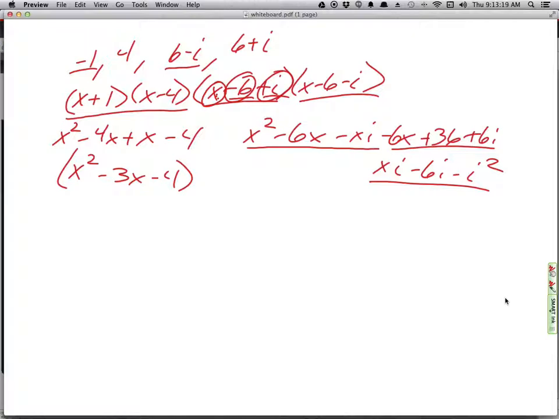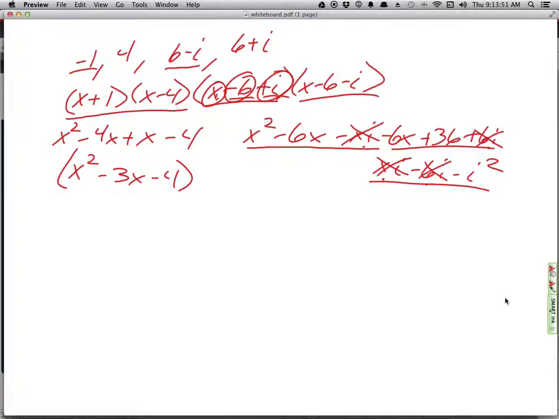Now, when you're multiplying out factors that involve complex numbers, here's something that always happens so you can keep everything straight. Anything with an i should go away, or the i should change. So since this negative xi has an i in it, it should cancel with something. What is it going to cancel with? The positive xi. So that should cancel, and that should cancel. I've got a 6i, so that needs to go away, and it cancels with the negative 6i.